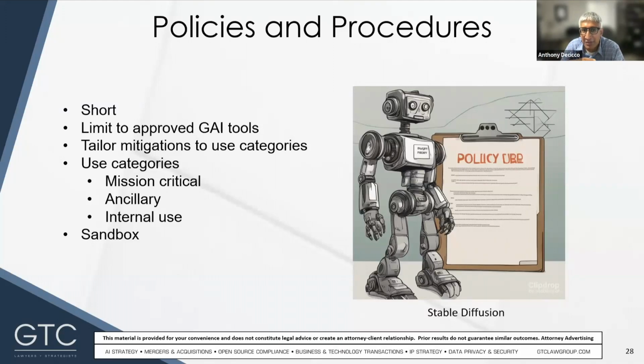And given that we're talking about source code, it's important to limit the GAI tooling itself to the enterprise grade tools that are pre-approved by the company, and users shouldn't be allowed to change the settings on the tools. So I would avoid most of the free tools because they don't have the same protections and ability, by and large, to turn off the fact that it'll use your code for training.